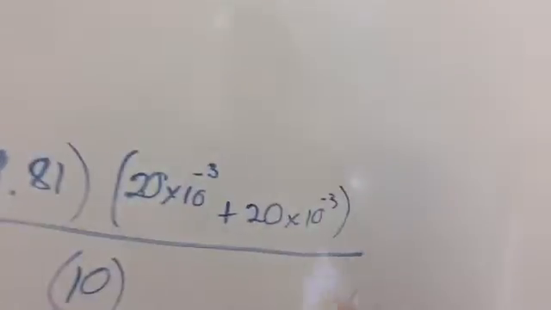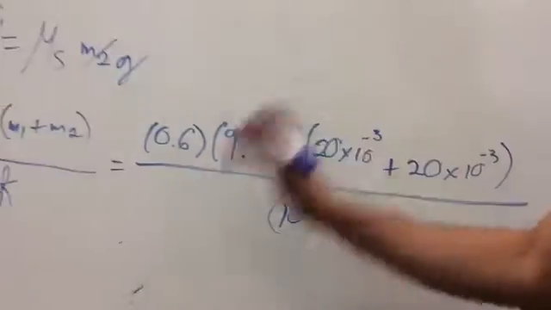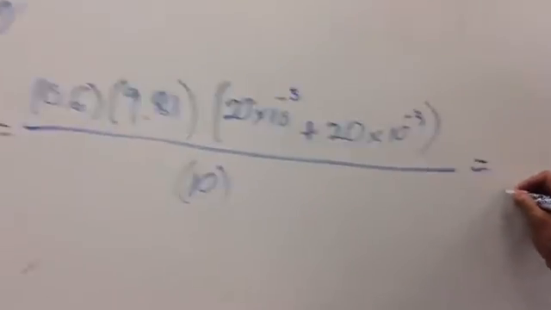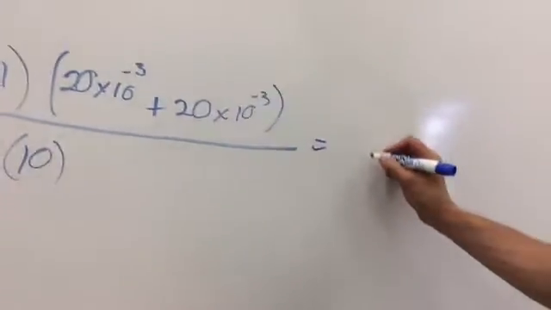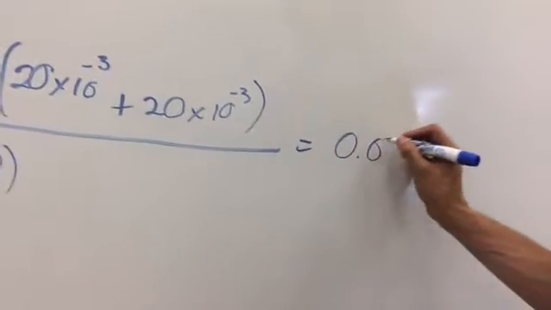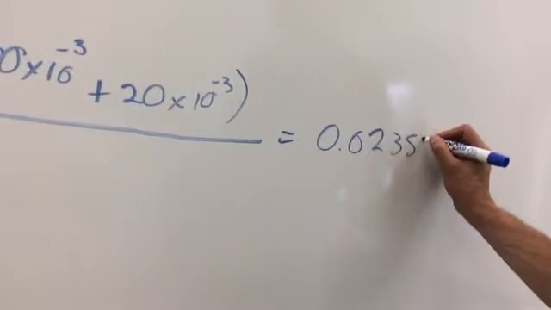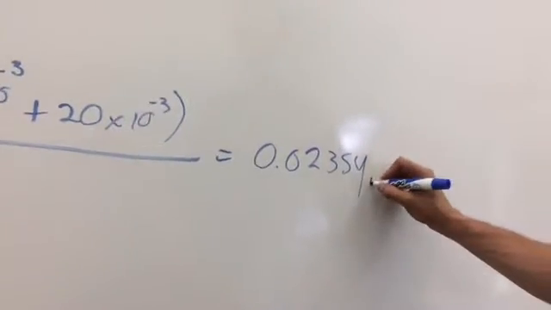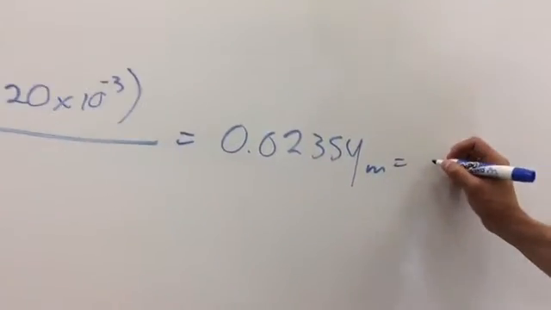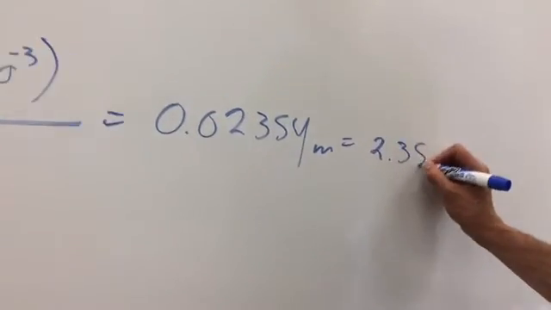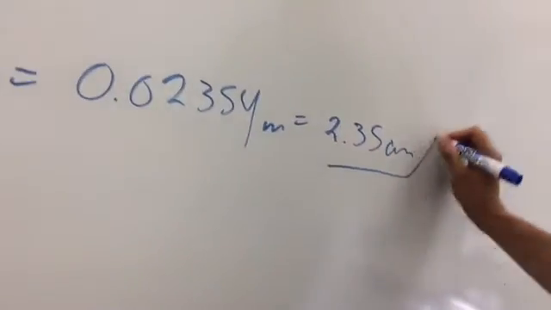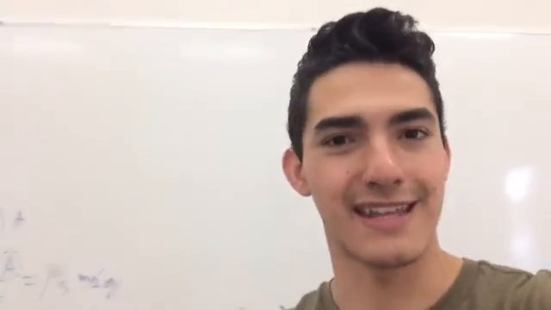Once we solve the equation, we obtain that the amplitude is equal to 0.02354 meters, which is the same as 2.35 centimeters. And this is how you solve a problem of finding the amplitude.